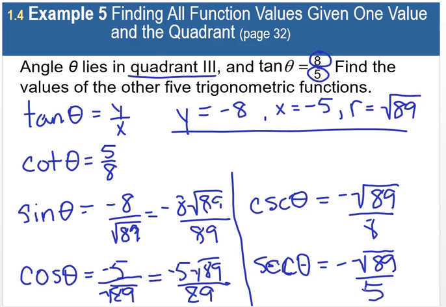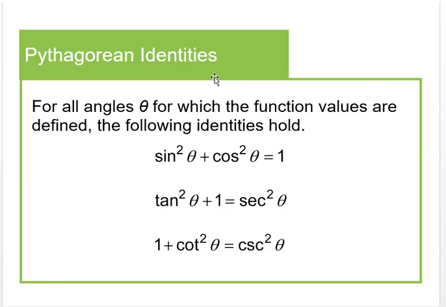So there's the rest of the 5 trigonometric functions given, 1, and what quadrant it is in. So these next 2 slides, we're going to see some more identities. These right here are called the Pythagorean identities. And here we get sine squared theta plus cosine squared theta is equal to 1.